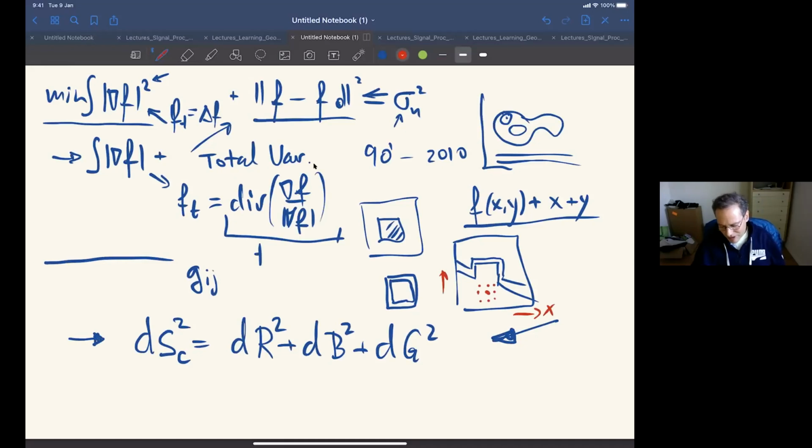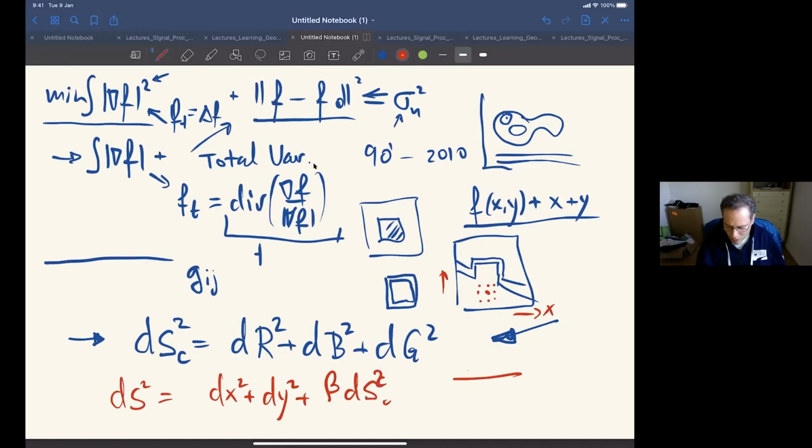So let's do the simplest thing that people are doing in physics and add an arc length. So let's define an arc length so that we add dx squared plus dy squared plus some coefficient beta that multiplies the color. Okay, so this would be the color scale.